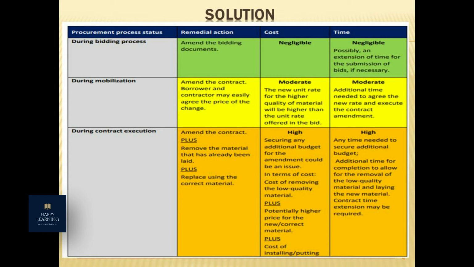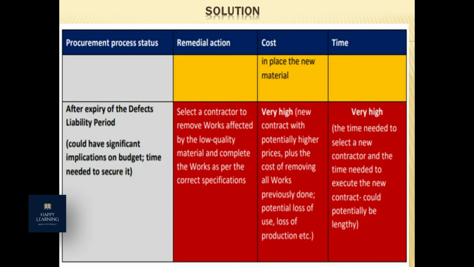And the final stage of the procurement process, let us see, is after expiry of the defects liability period. If we find defects, it could have significant implications on budget and the time needed to secure it.